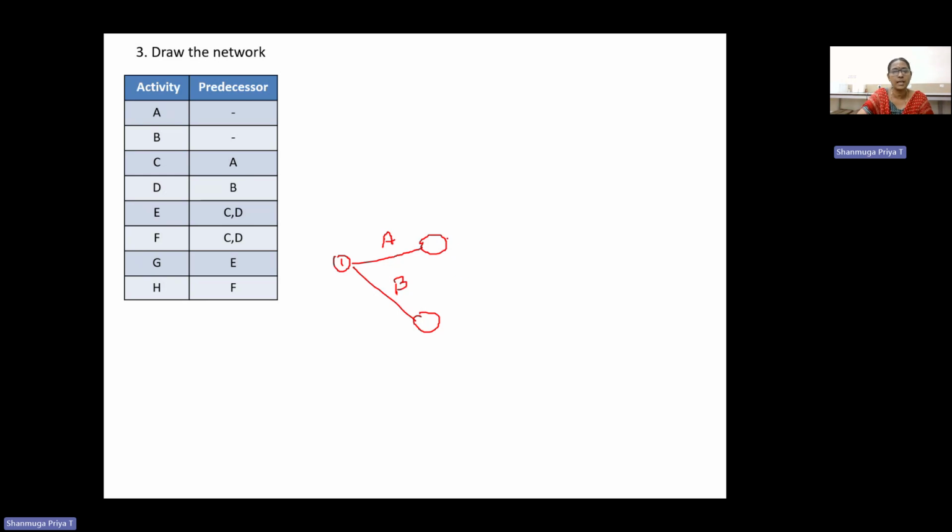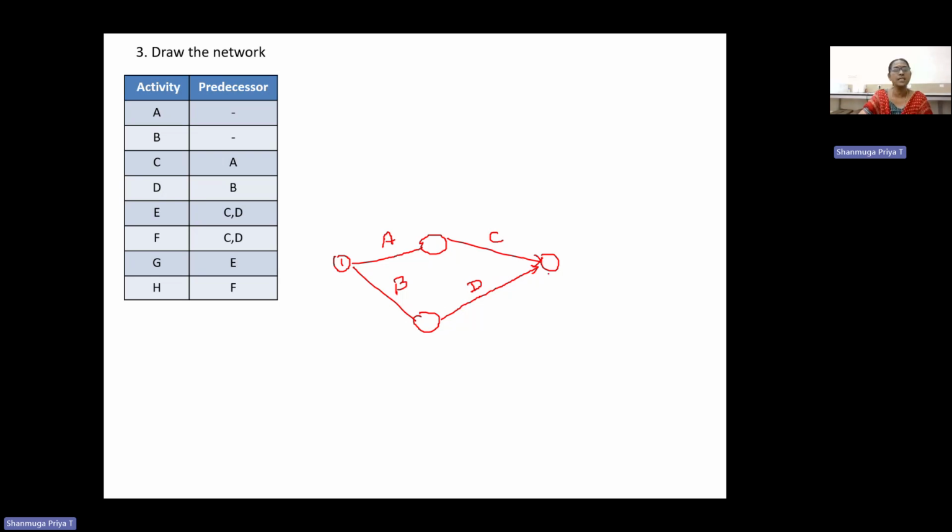Then C follows A, and D follows B, so we can connect them. If we see the next condition, after C and D there are two activities: the predecessors of E and F are C and D. So D itself we can connect with the node which connects the C activity.